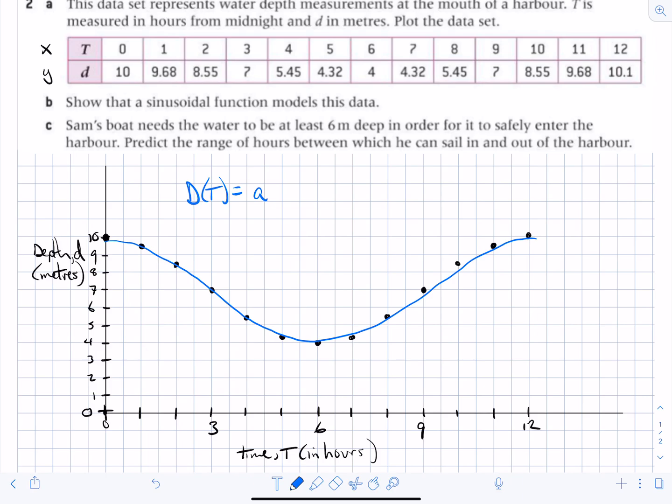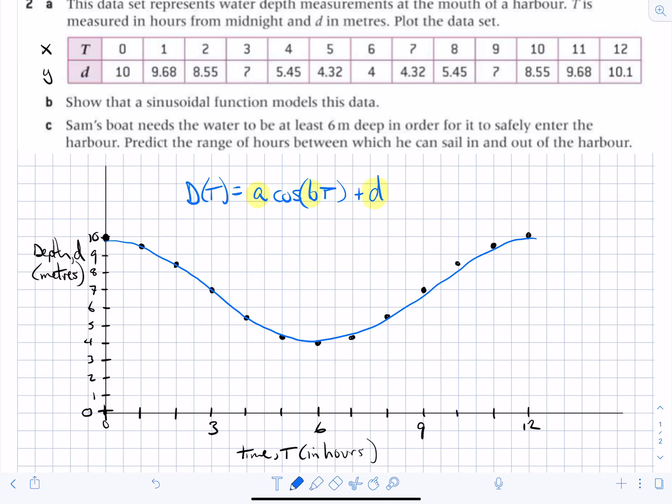Give you a moment on that. It's cosine because you're starting at a maximum. So cosine bt, plus d. Now we need to find these values. Once we have these values, we have the model.